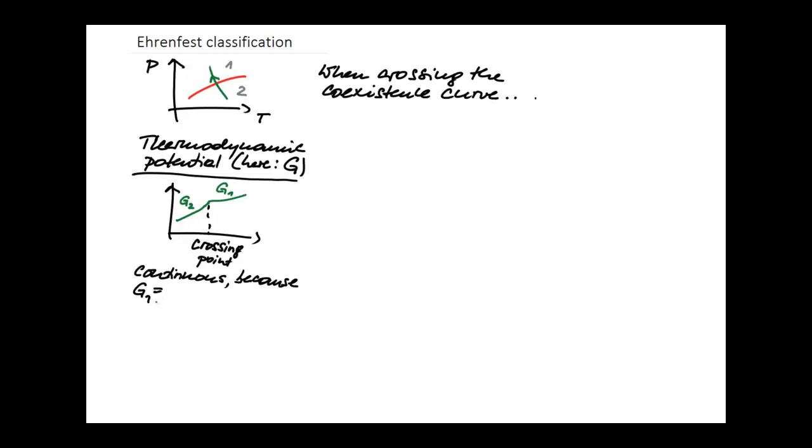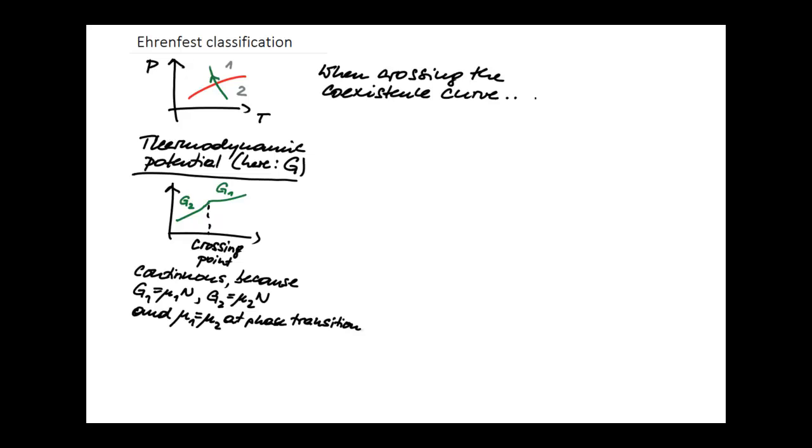So G1 is mu1 times particle number, and G2 is mu2 times particle number. And we know the coexistence condition of the two phases is precisely that the chemical potentials are equal at the phase transition, and hence also the free enthalpies must be equal at the phase transition. So the thermodynamic potential is always continuous at the phase transition.